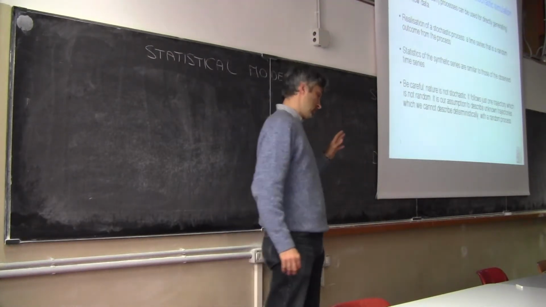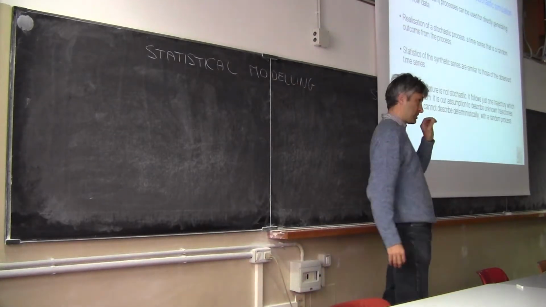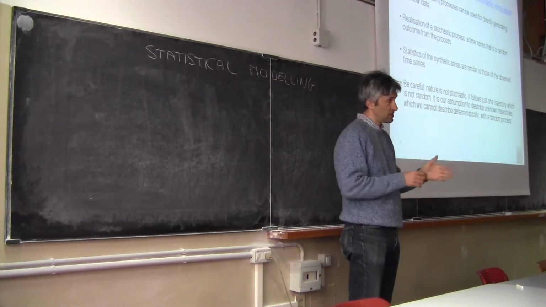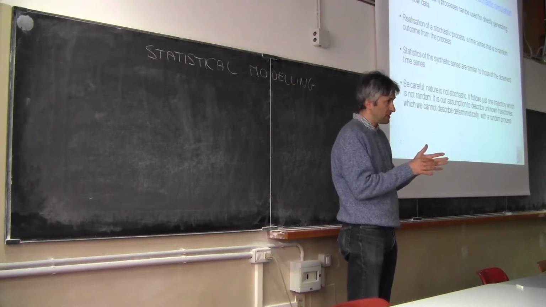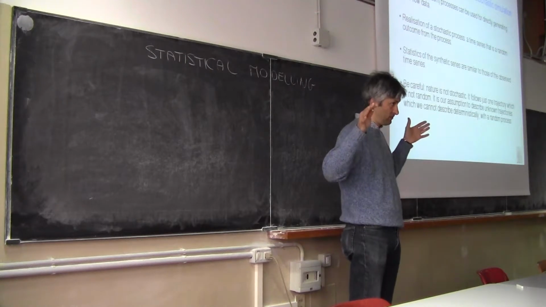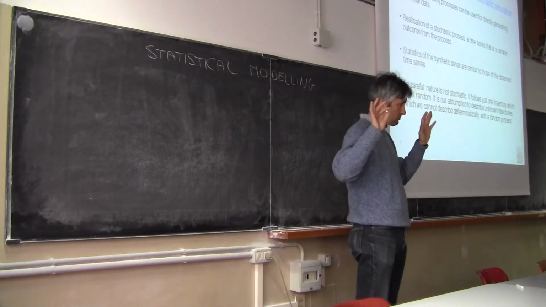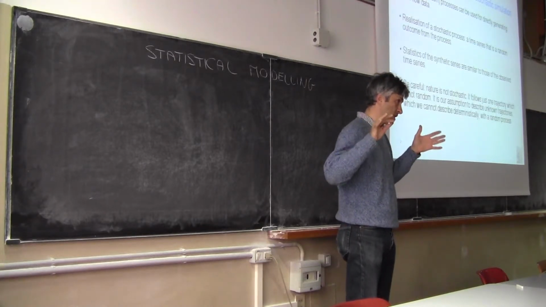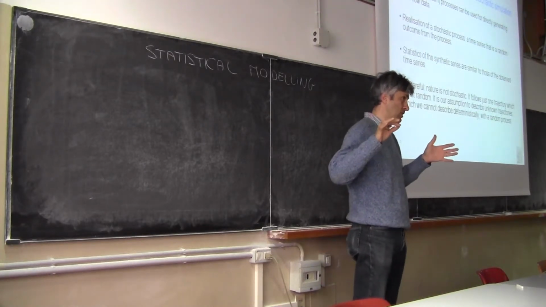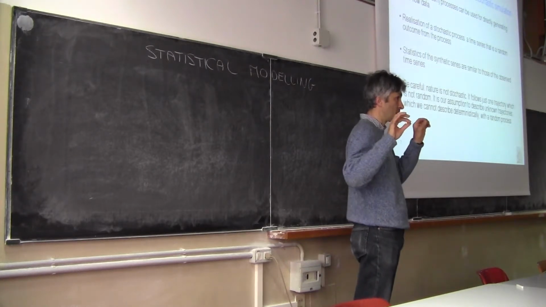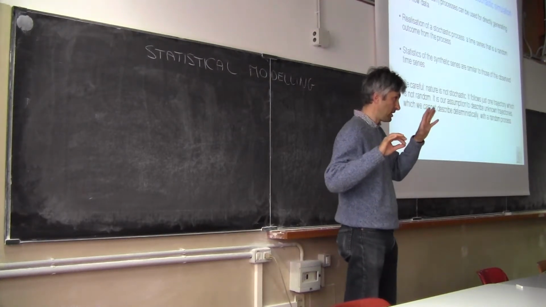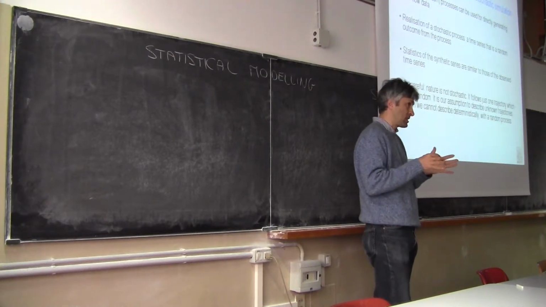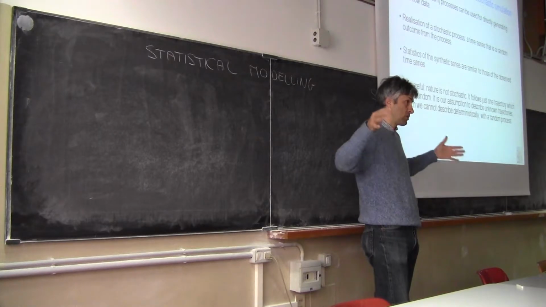So the result is that when there is dependence, the experiment does not consist of a single outcome, but instead of a series. So let me better explain. If you talk about measuring the discharge of the Po River, the result every day, because timing is essential, is not a single measurement. The result is a series of measurements.